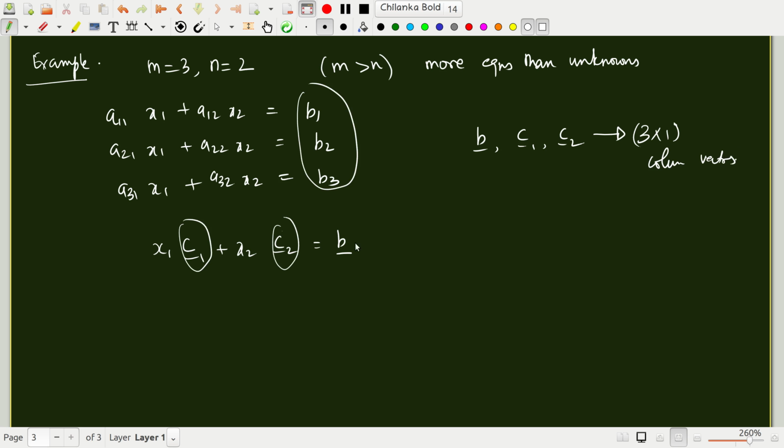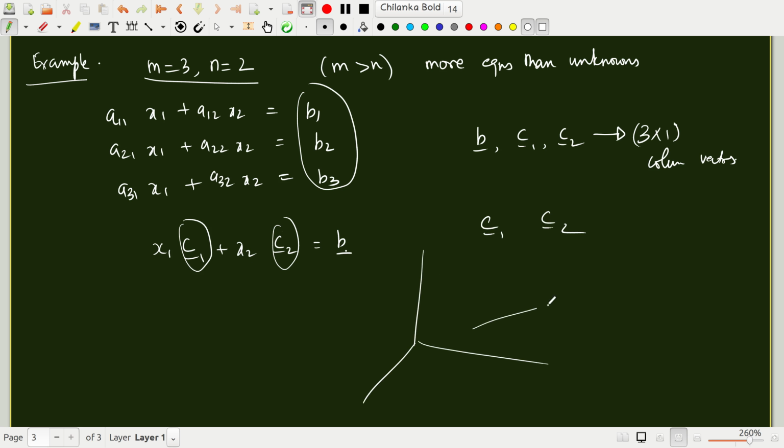In principle, to express any arbitrary vector b you need 3 linearly independent vectors, but as per this system you are given only 2. We don't know whether they are linearly independent or not; at most you have 2 linearly independent vectors. That means that not any b can be expressed in terms of c1 and c2. Suppose you look at c1 and c2 in 3D space.